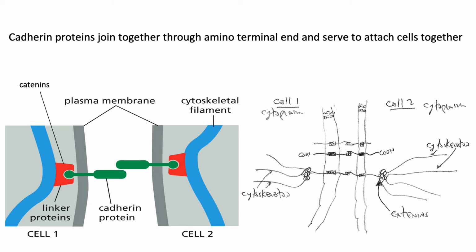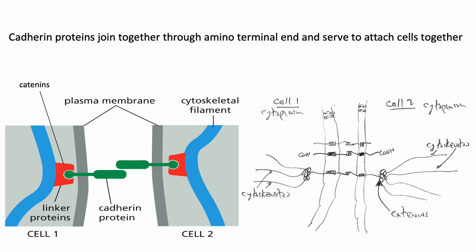What happens here is that the catenins attach to the carboxy terminus of the cadherins, which are these proteins that hold cells together, but the catenins also interact with each other.